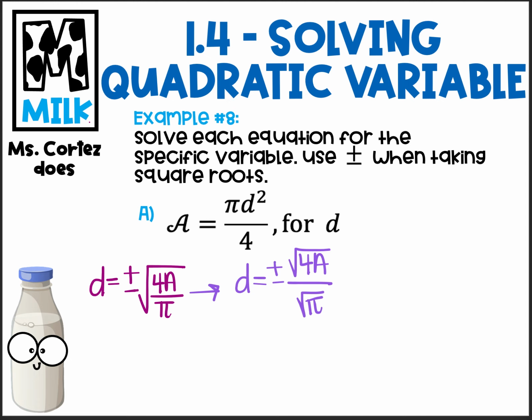On the numerator, now we will have the square root of 4 times the square root of a. I hope you remember this. The square root of 4 times the square root of a, which simplifies to 2 square root of a.